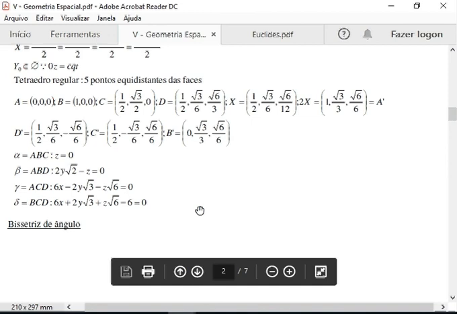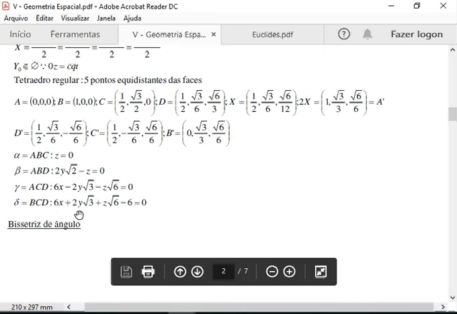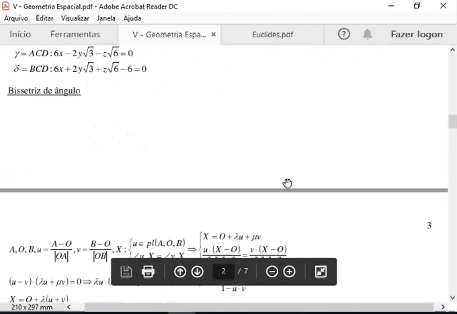Here are written the equations of the plane alpha equals ABC, the plane beta equals ABD, the plane gamma equals ACD, and the plane delta equals BCD, which is AX plus BY plus CZ plus D equals 0 always, as you already know.